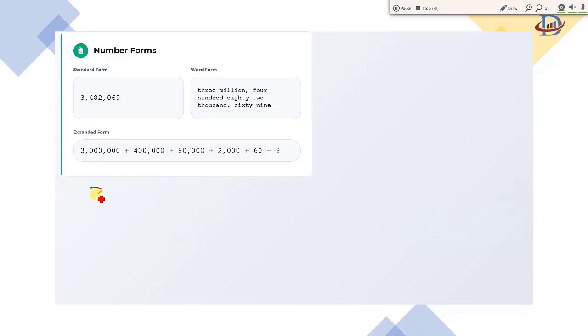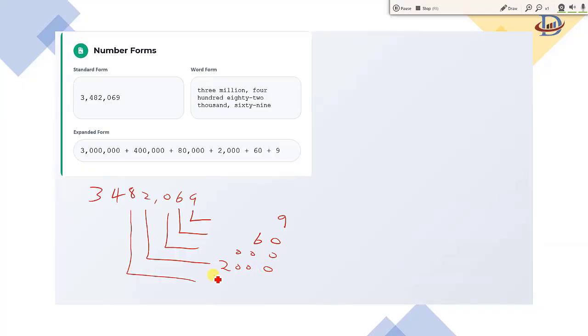So for example, in our number 3,482,069, we know that this one refers to 9, this one refers to 60, this one refers to 000, this one refers to 2000, this one refers to 80,000, the next one here refers to 400,000, and the next one here refers to 3 million.